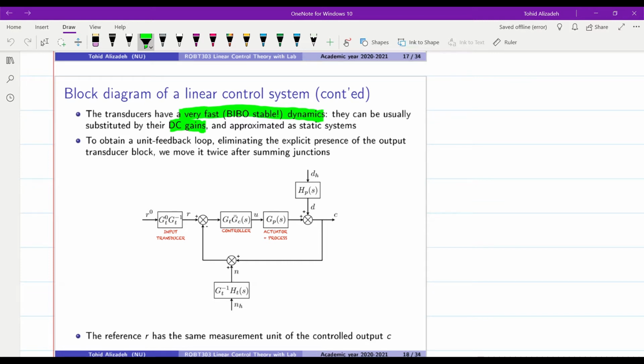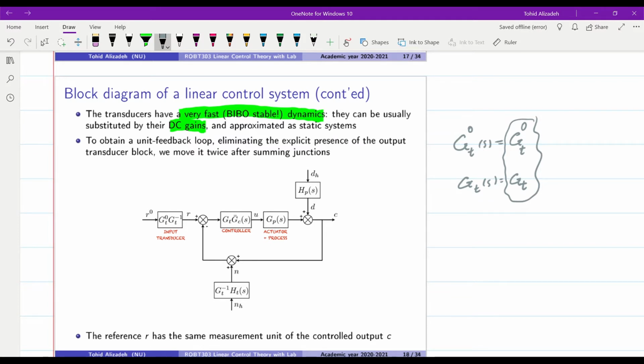So if we do so, GT0 of S will be replaced with GT0, and then GT of S will be replaced by GT itself. So these will be some constant values, the DC gain of the transducers.